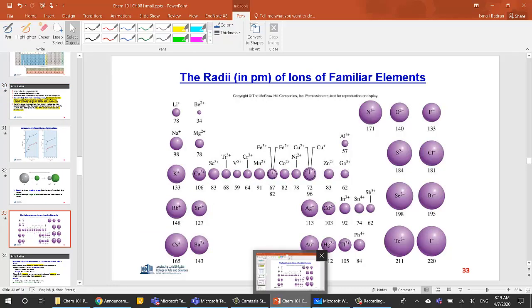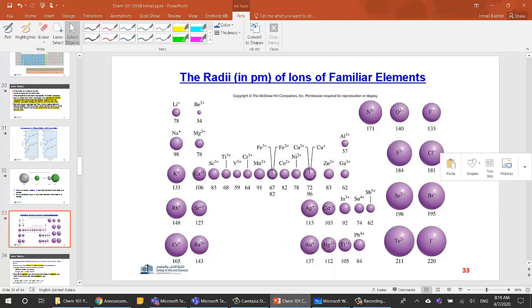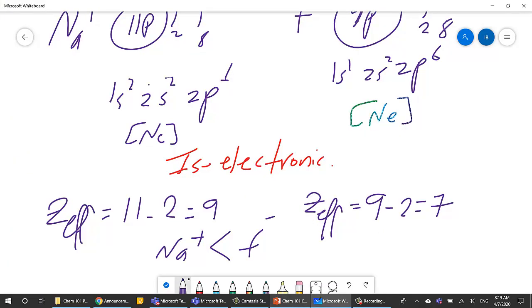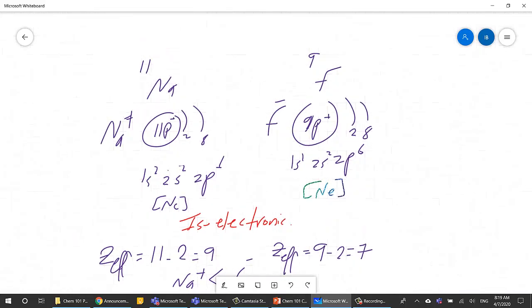And you see this from the picture here. If you look at the picture, you see that sodium plus is actually smaller than F minus. But you can answer this question much easier by saying that always the size of the cation is smaller than the neutral atom, and the size of the anion is bigger than the neutral atom itself. You can just easily say that sodium is smaller than F minus.